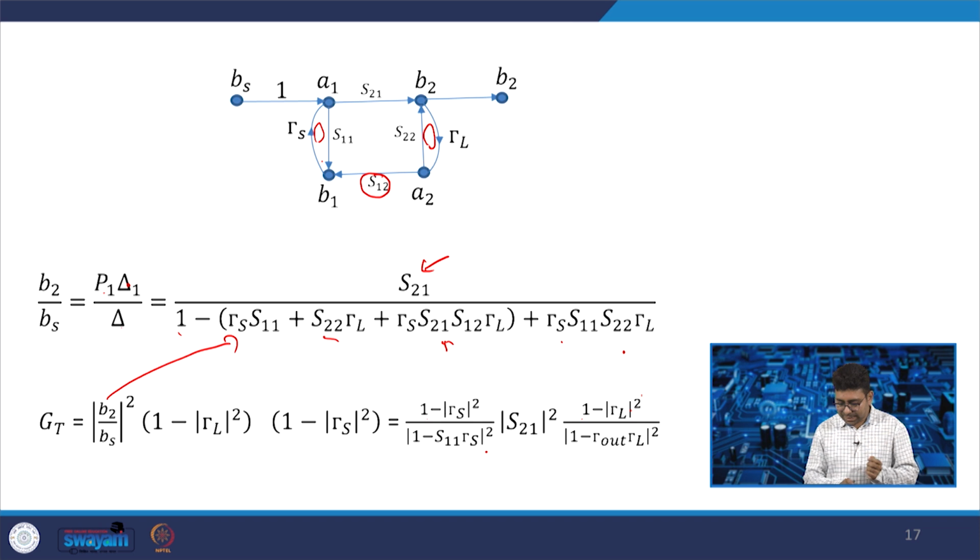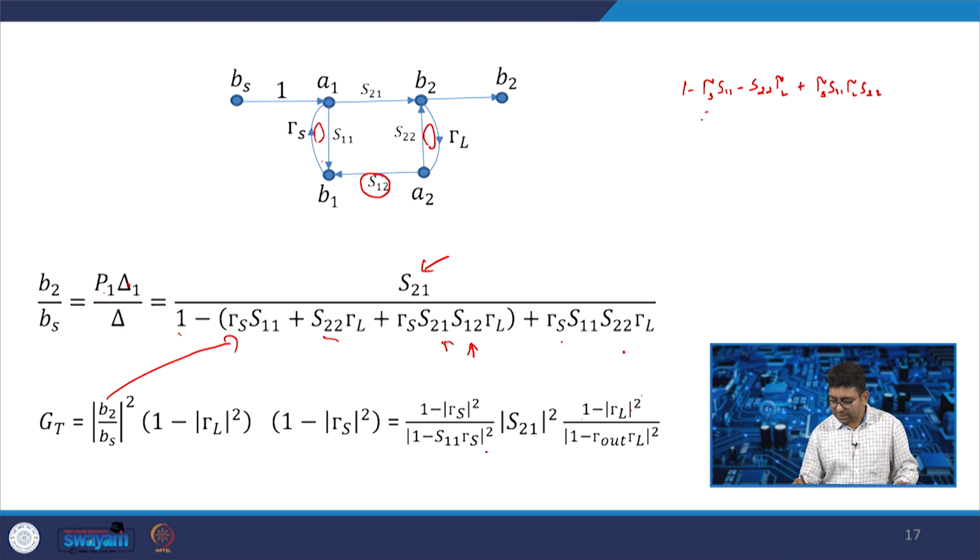So, if you consider S12 equal to 0 in this equation, you will have 1 minus gamma S S11 minus S22 gamma L plus gamma S S11 gamma L S22.